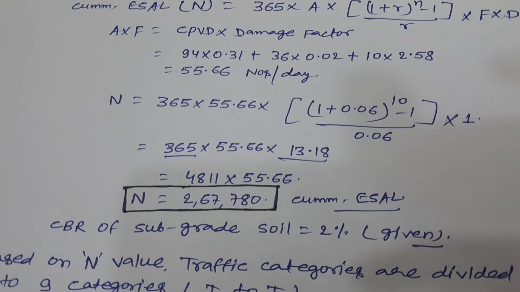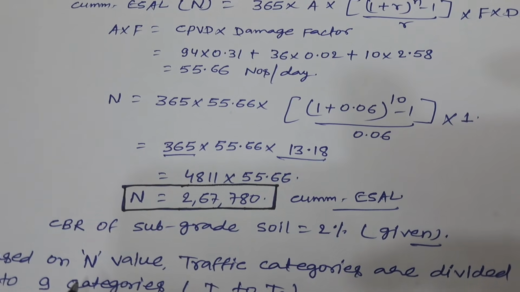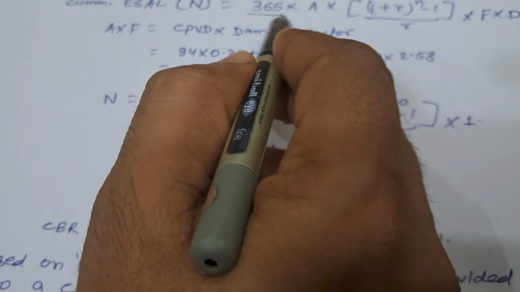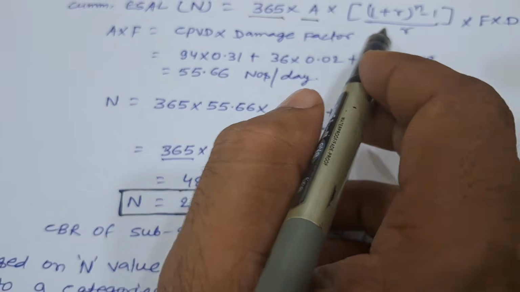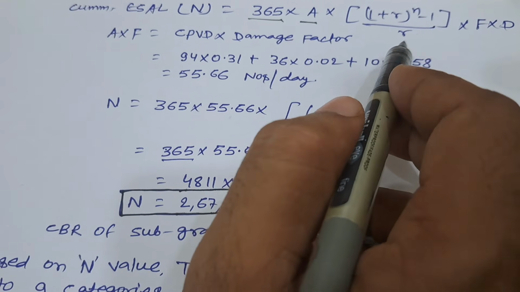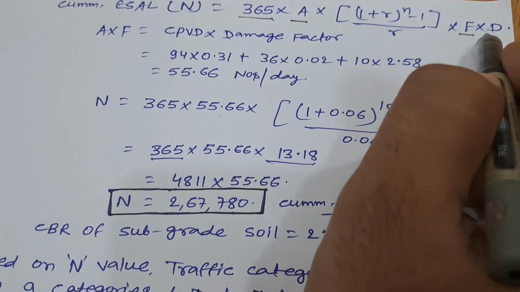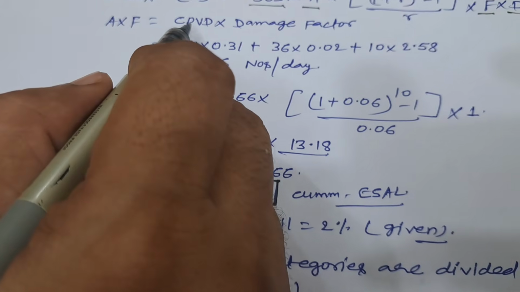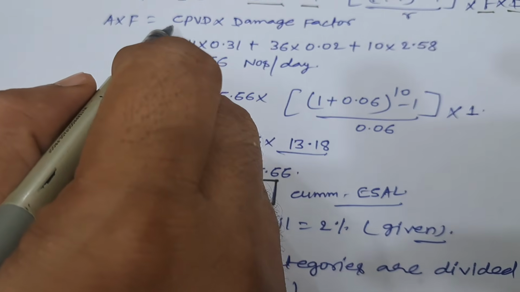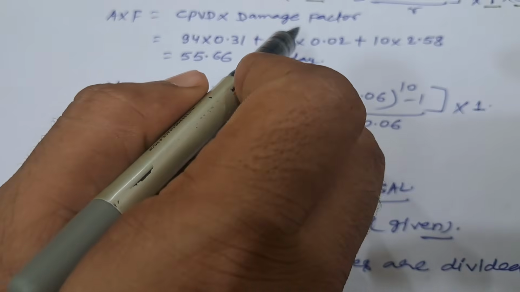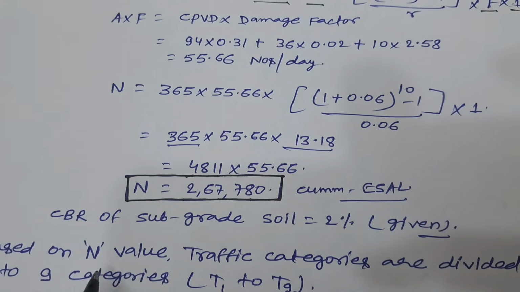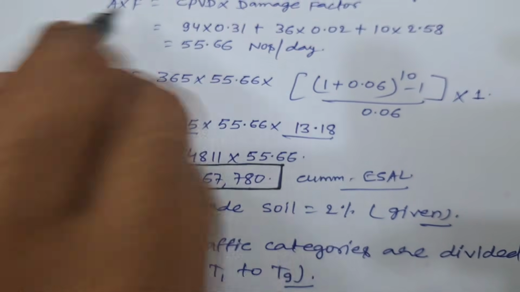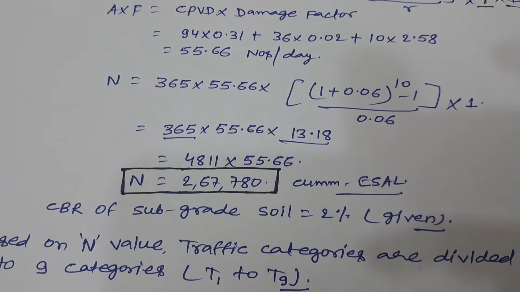Now we will use the formula of cumulative ESAL. We know N is equal to 365 A into (1 plus r) to the power n minus 1, divided by r, into f into d, where A into F is equal to CPVD into damage factors, commercial vehicles per day into their damage factor. So we already found MCV with loaded condition.